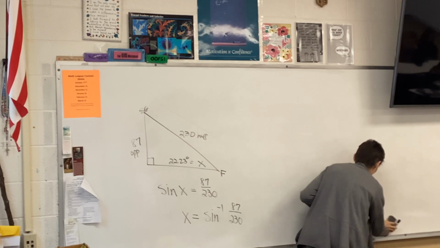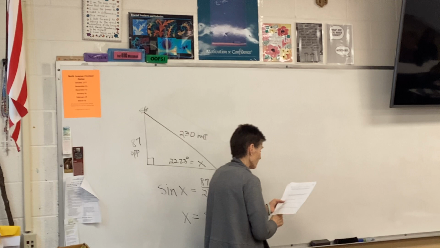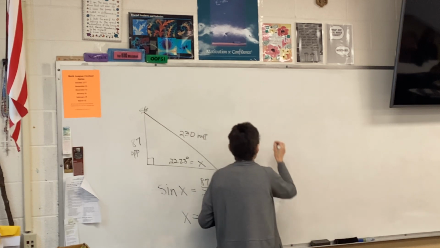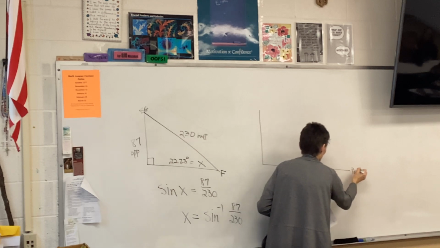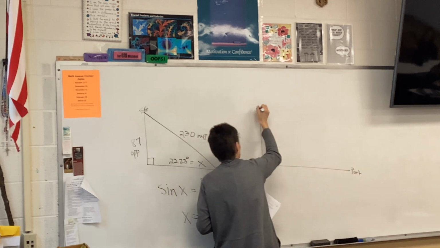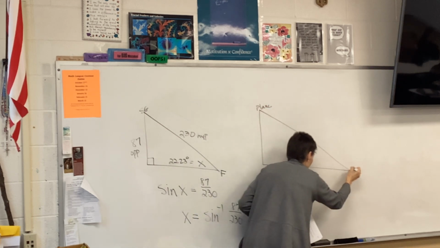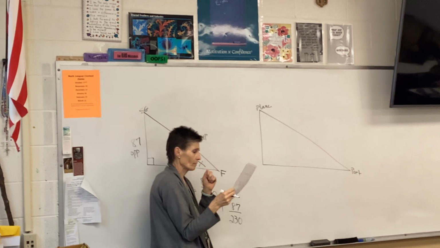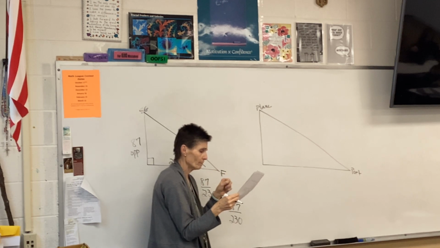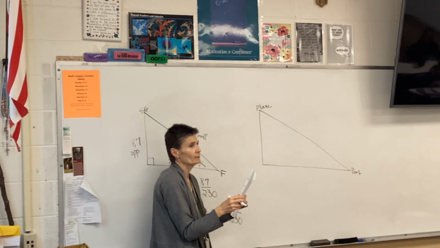Alright, C. How far is an airplane from the airport? So here's the airport, here's the airplane, it's coming in for a landing. How far is an airplane from the airport if he is currently 5,000 feet above the ground?